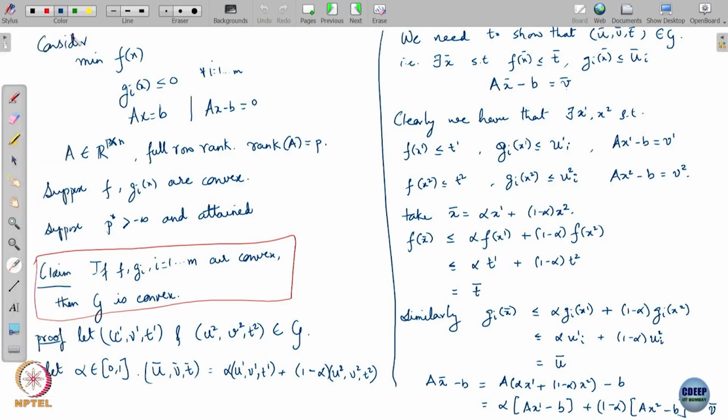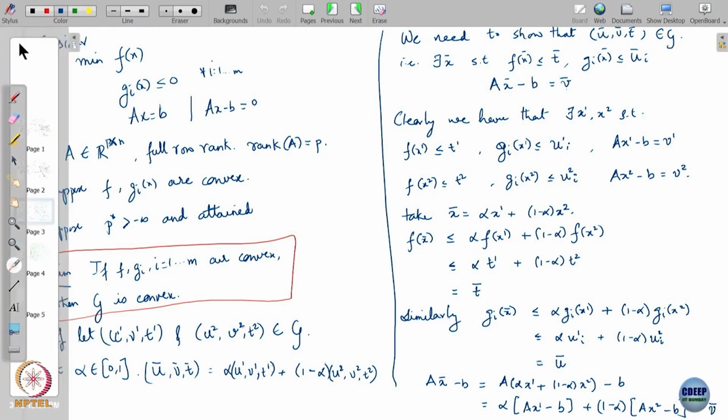We have assumed that you have this optimization problem where A is full row rank, the g_i are convex, and this is attained. And from there we showed that G must be a convex set, T must be a convex set, and that there must be a separating hyperplane that separates G and T. I have not yet made any assumption about constraint qualifications. So now I will actually introduce a constraint qualification.